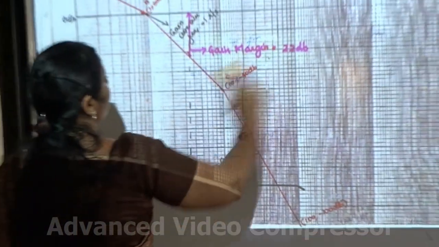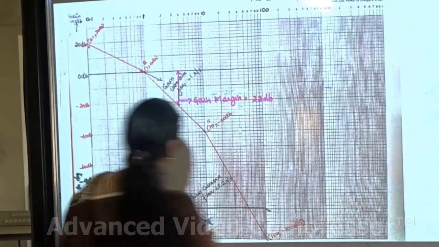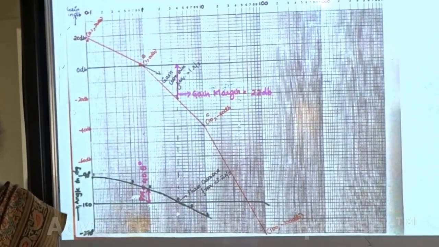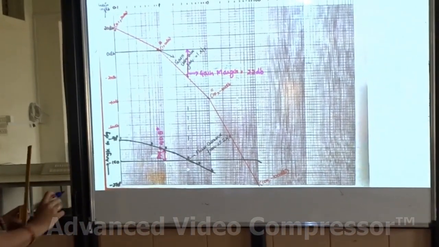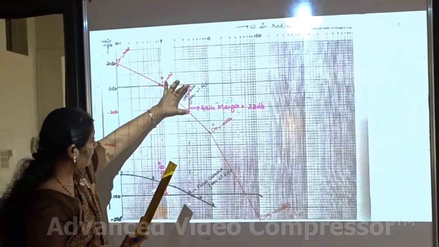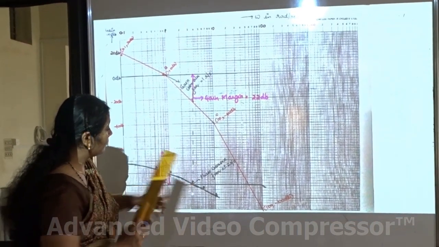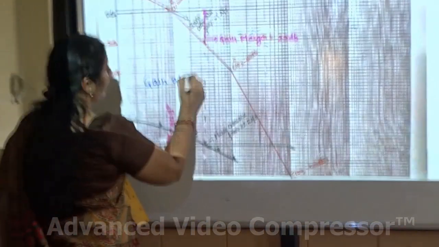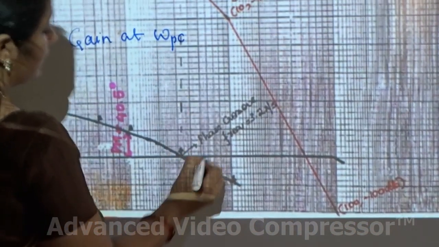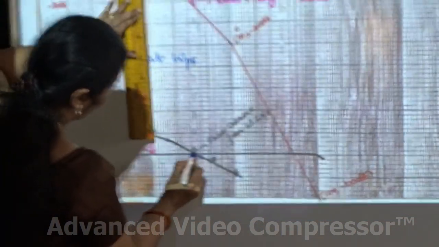Now, for the given value of K, we have got this graph, and after this, we have to find the gain margin and phase margin. What is gain margin? Gain margin is the gain at omega PC, where the phase crosses minus 180.